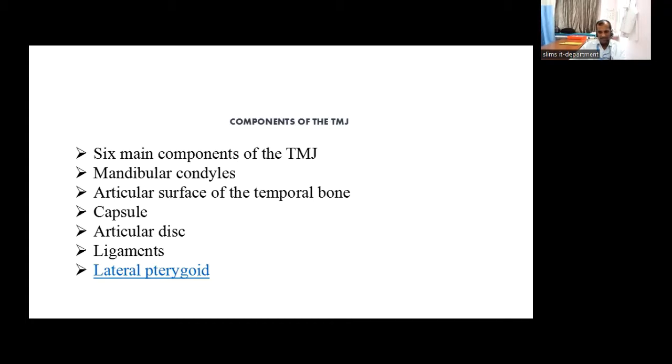The six structures: the head of the condyle, the temporal fossa, the articular surface of the temporal bone, the capsule, the articular disc, ligaments, and the muscular part with the lateral pterygoid attachment.